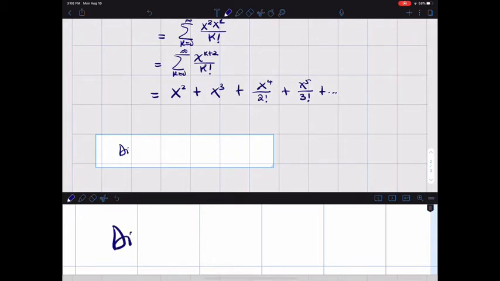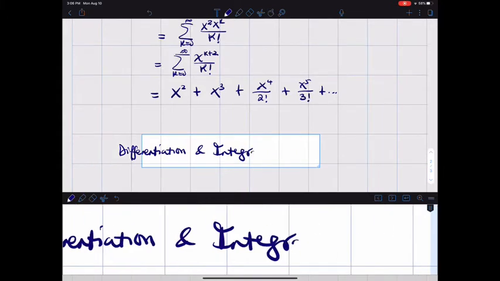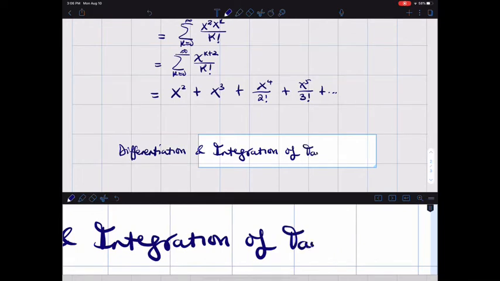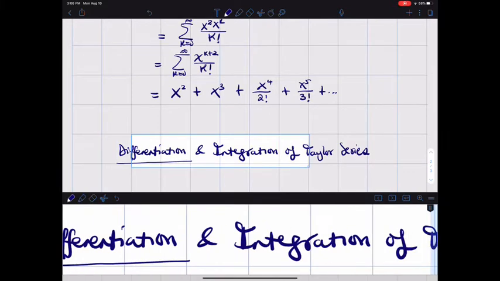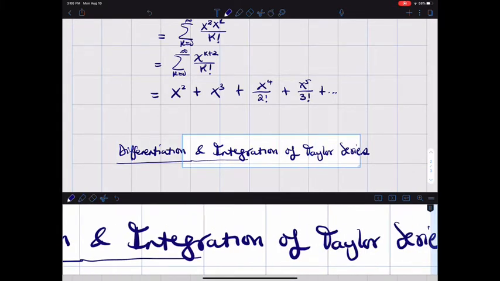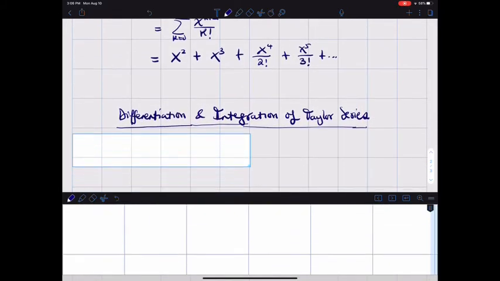So, differentiation and integration of Taylor series. Again, this can apply to any power series at all. You can integrate and differentiate any power series, but when you do that, you have to recheck the interval of convergence.